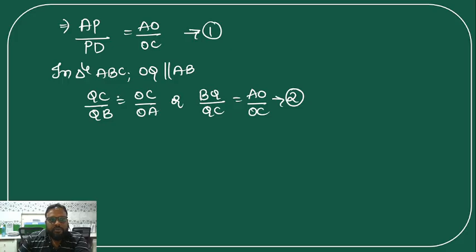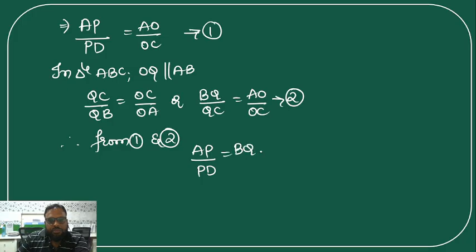Now if we check, in the first and second equations the RHS is the same, so I can equate the LHS. Therefore, from equations 1 and 2, AP by PD is equal to BQ by QC.